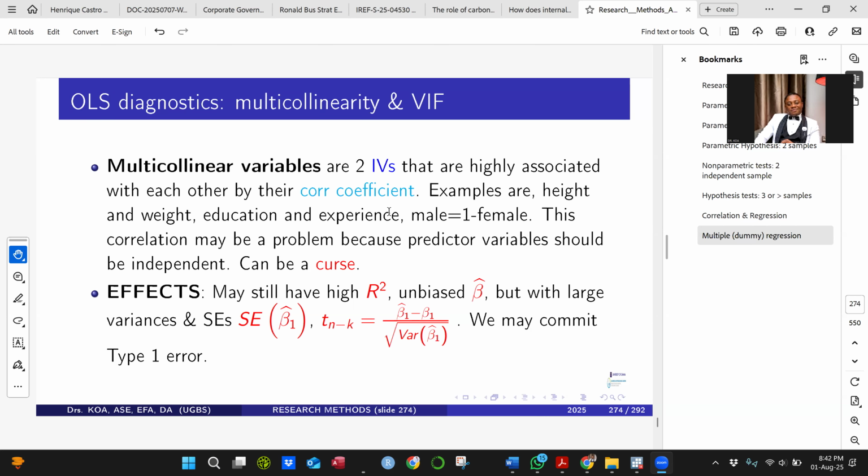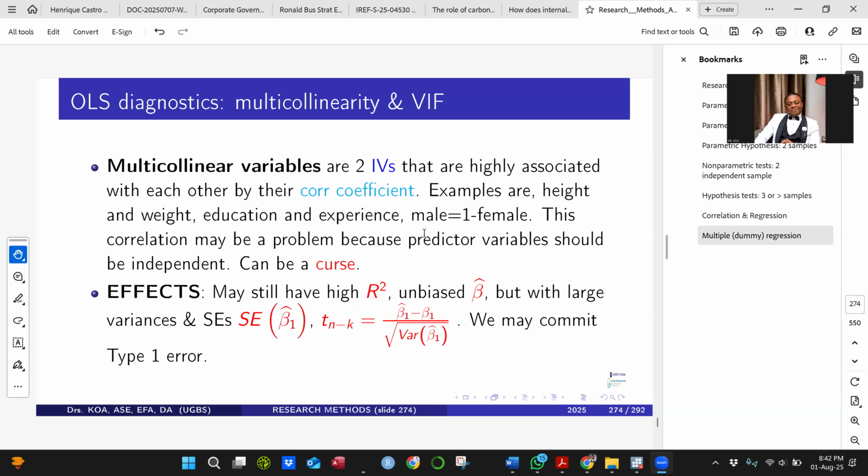They are called BLUE, best linear unbiased estimators, which means they have minimum variance. When you have a minimum variance, that is good. But when you have large variances, that's bad. When you have large standard errors, that's also bad. And when you have such a problem, you can commit type 1 error.